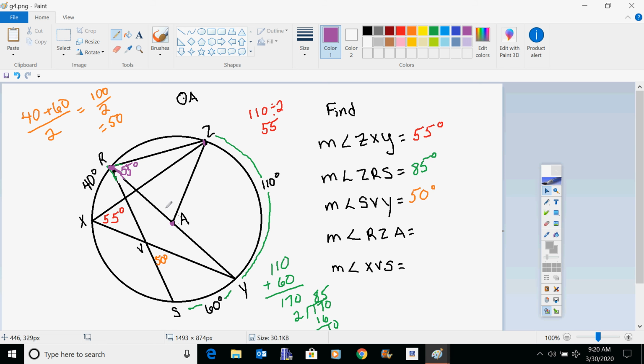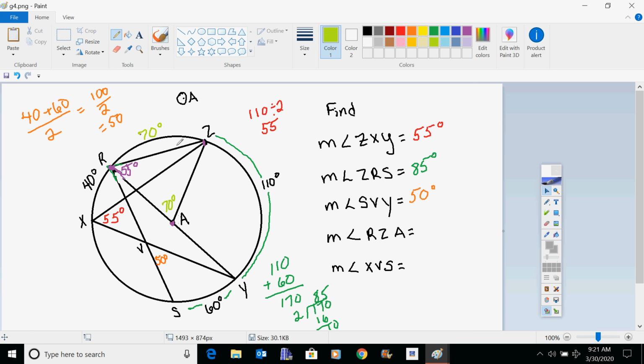We have angle RAZ, which if we take a look at it, RAZ, well, that's going to be the rest of the 180 for this right here. Let me grab another color. Because 70 plus 110 gives you 180. So because this is a central angle, this one's 70.